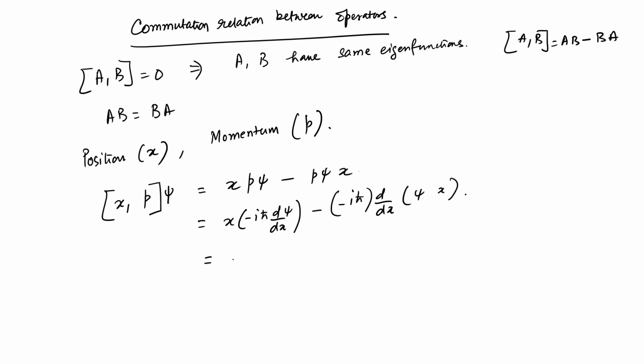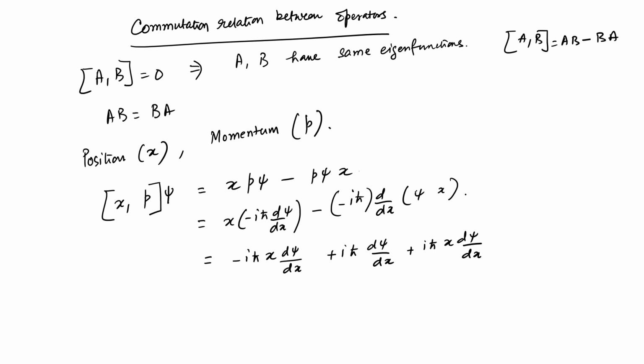And so, this is equal to −iħ x dψ/dx. See, −iħ is just a scalar quantity, and so this is equal to plus iħ, and now I have two terms: I have a ψ and plus iħ x dψ/dx, right, because there are two functions ψ and x, and I have to take d/dx of that.